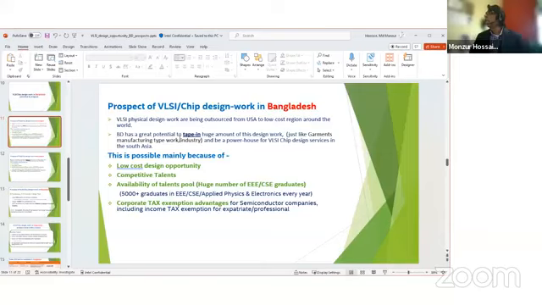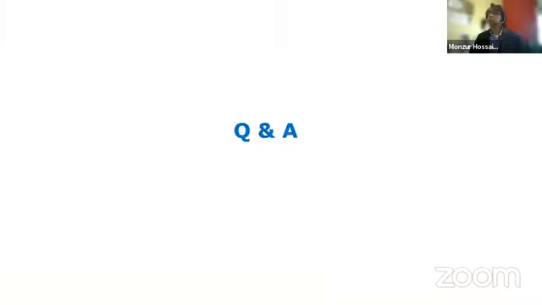BD has the greatest potential to tap into a huge amount of this design work, because of low cost, competitive talent, and the ability of the talent pool. We have a lot of private universities, and everybody is producing EE or CSE graduates or software graduates. So I think Bangladesh has a very good potential to get some design work. We need good intention from the government, and also tech experts like us. We are there with them.